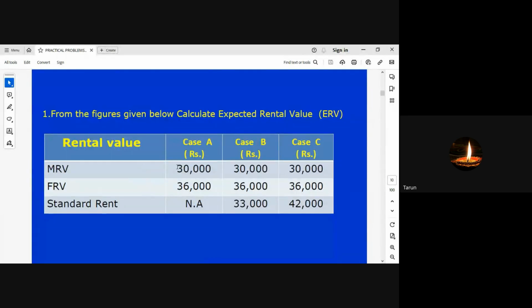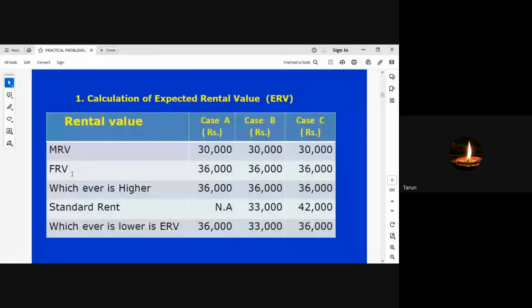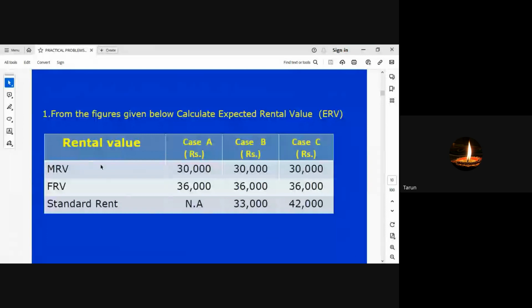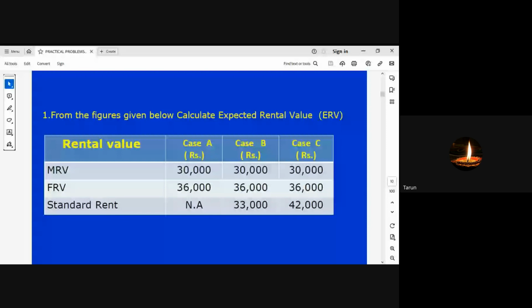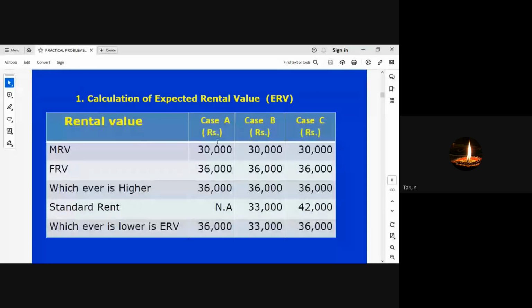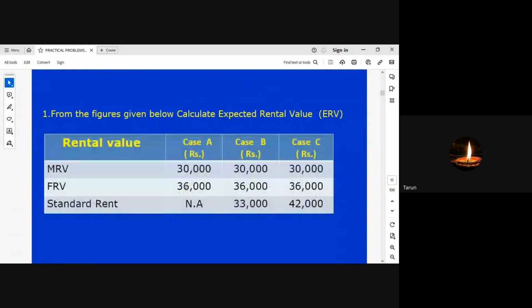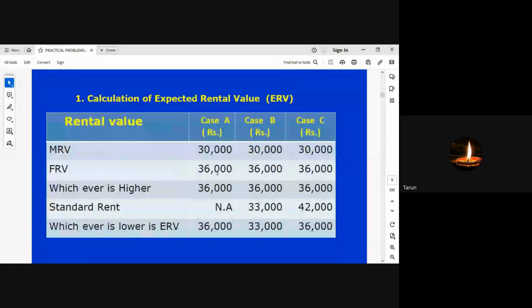So let's begin with case A. Case A, case B, case C. We have two items we need to compare: municipal rental value and fair rental value. Municipal rental value and fair rental value are given, right? In case A, municipal rental value is 30,000 and fair rent is 36,000.